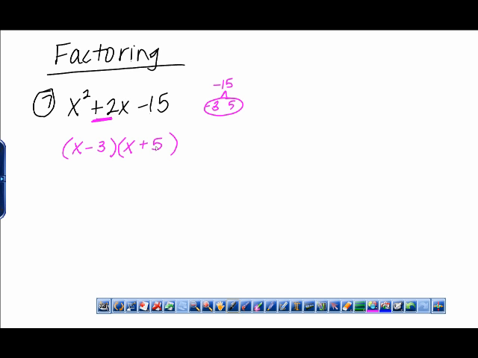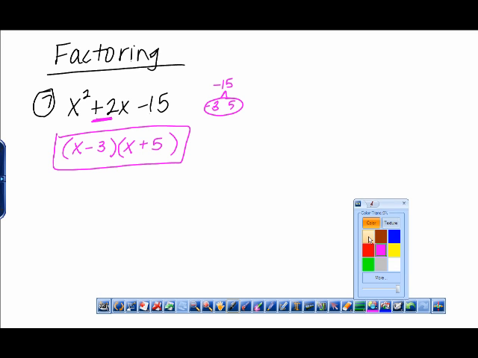Now, if you don't feel confident in this, just do a quick distribution. X times x, x squared. Outside would be 5x, inside would be negative 3x. That adds to 2x. Negative 3 times 5, that's negative 15. You're done. If the leading coefficient, though, is something other than 1, you would probably want to do grouping, okay, which I did review last semester, and we'll probably get to 1 before this lesson's over.